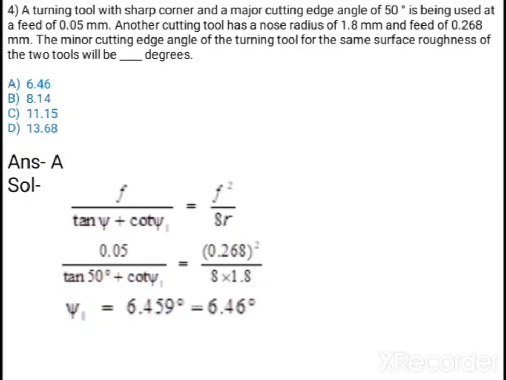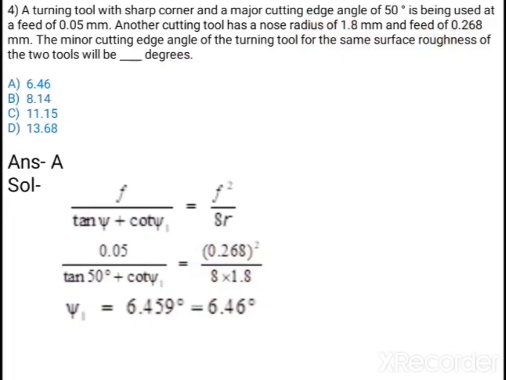So this is the f squared. Again you have to use the feed of 0.268 mm and square of that divided by 8 into r, where r is the nose radius, 1.8 mm.